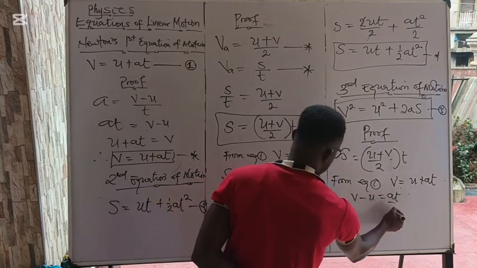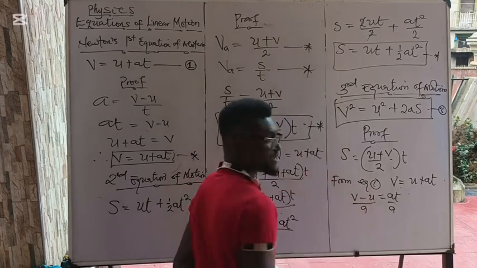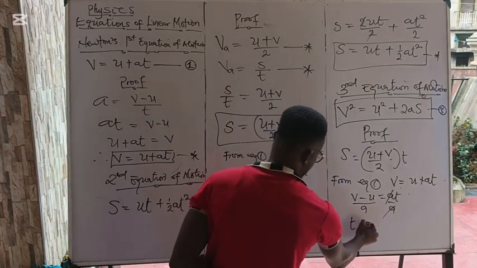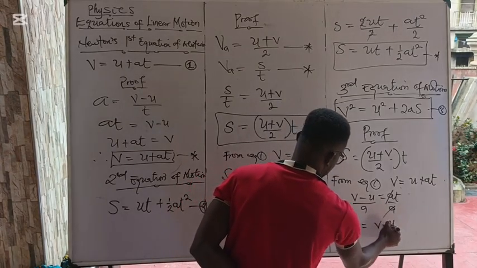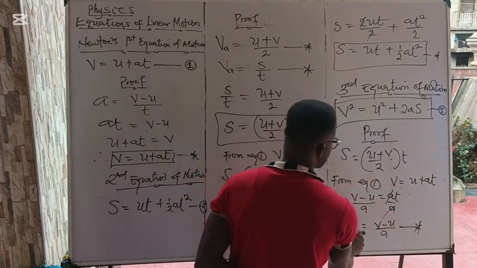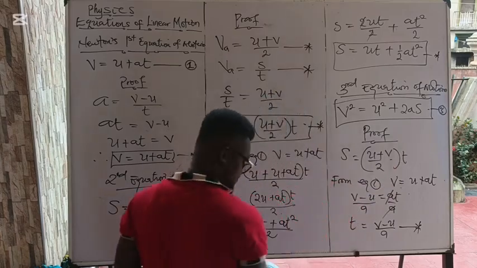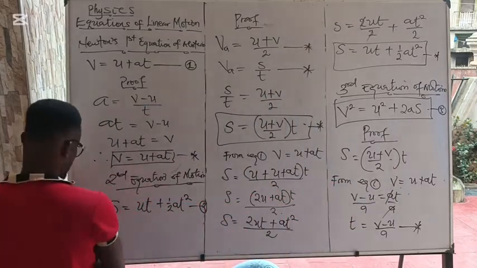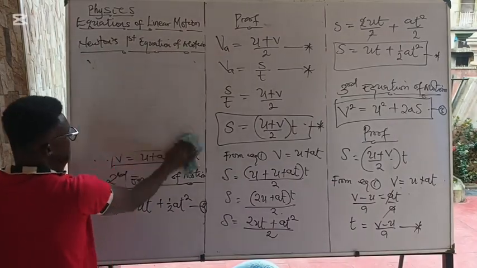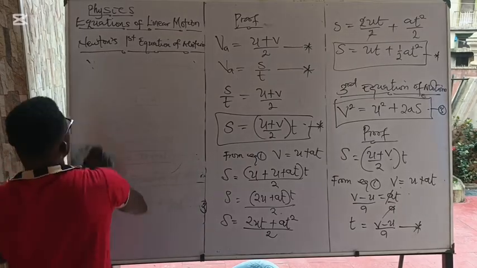Now, if you divide both sides by a, because we want to make t the subject, a will cancel a. Then it will now remain t, which is (v minus u) all over a. Now, I would like you to substitute this t in this very formula. Then if you do that, we are going to get a formula, which is Newton's third equation of motion.